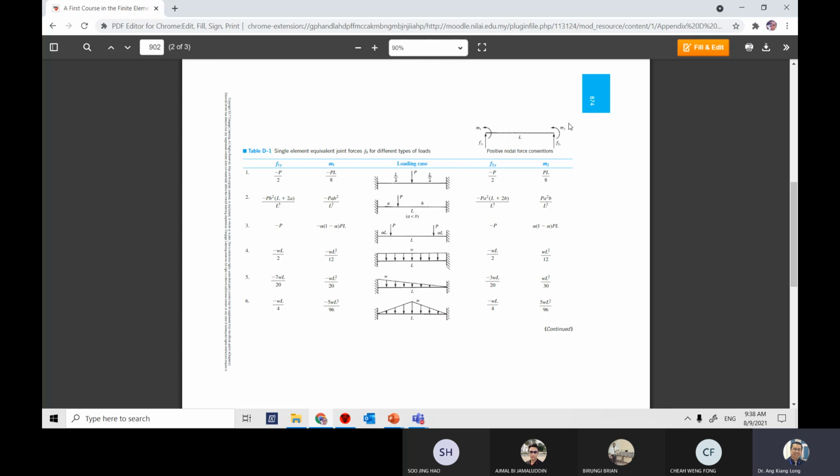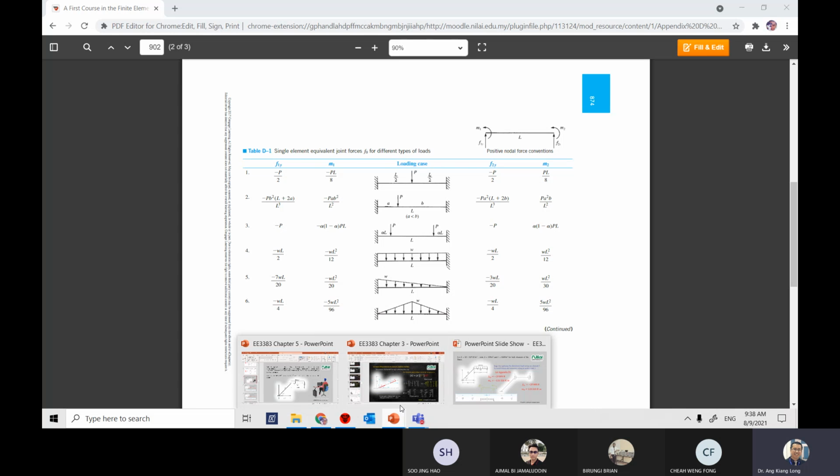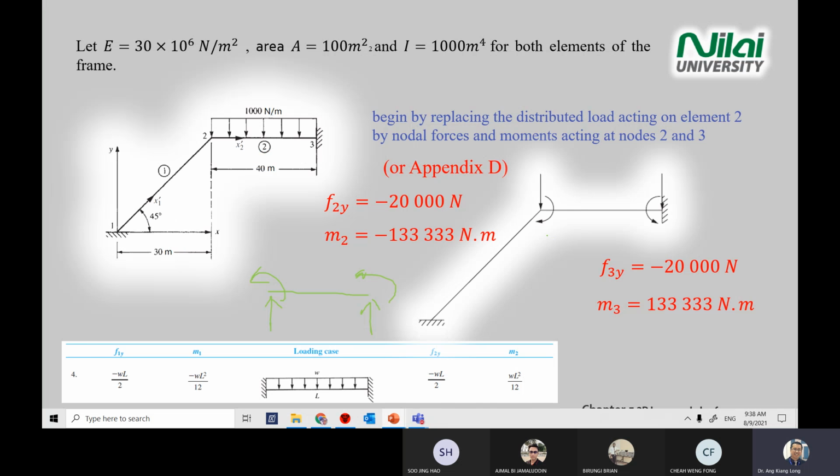This one. Okay. If you want to carry forward, okay, there's an error in my diagram. If you already converted, then all this value will become a positive value. Okay, just take note all this direction, I recommend follow Appendix D.